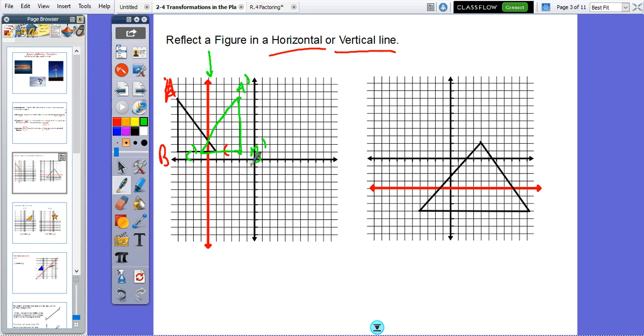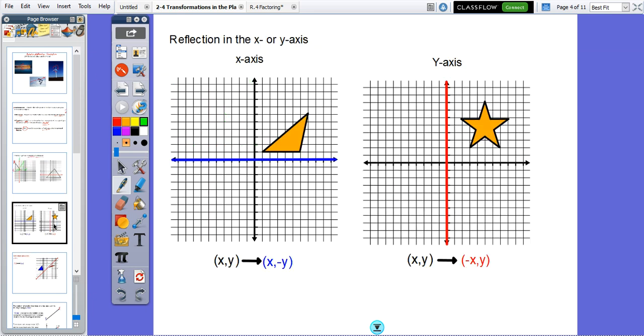All right, so let's look at our example that we're going to be using here for reflections. As far as reflections go, this is what you're going to see in your homework. We're going to look at x-axis reflections and y-axis reflections. With an x-axis reflection, everything above the x-axis will be reflected downwards. The change going from top to bottom and bottom to top is a y value change.